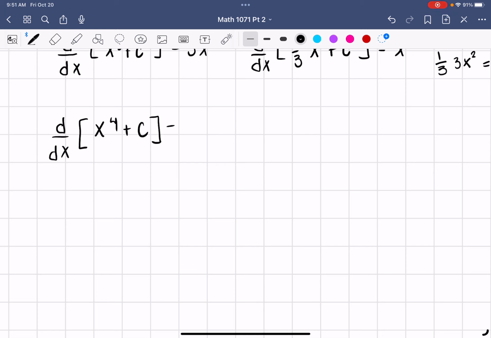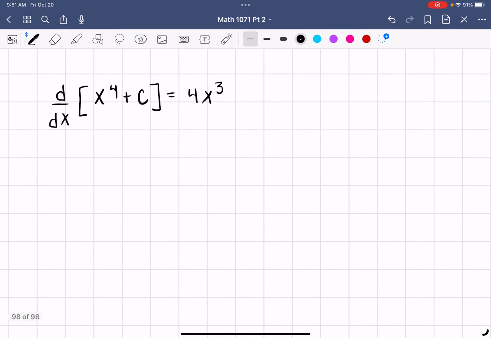I don't want a 4x cubed. I want just x cubed. How would I modify this? 1/4 x to the fourth? Let's see, wouldn't that do it? So, do you see what I'm leading up to?